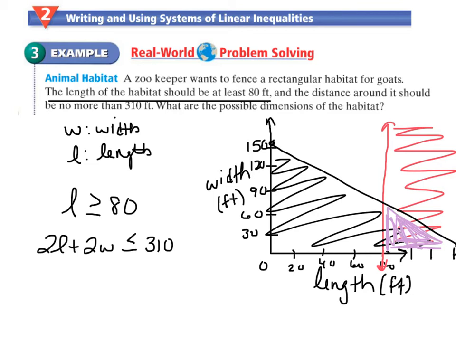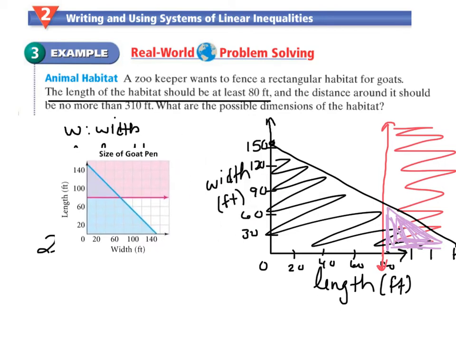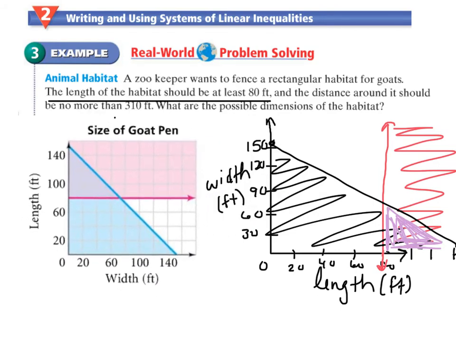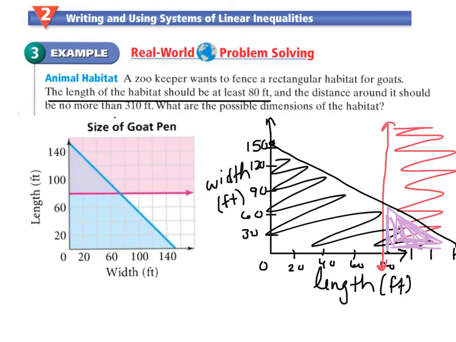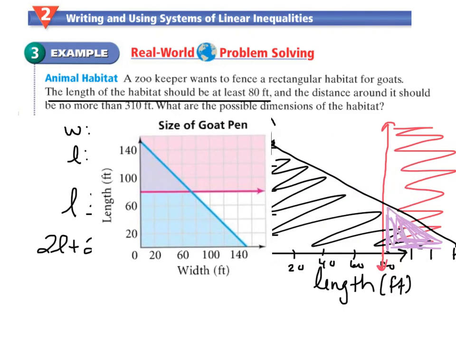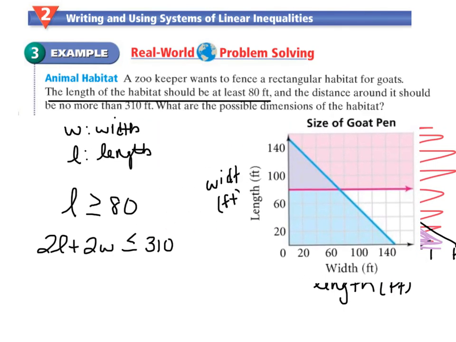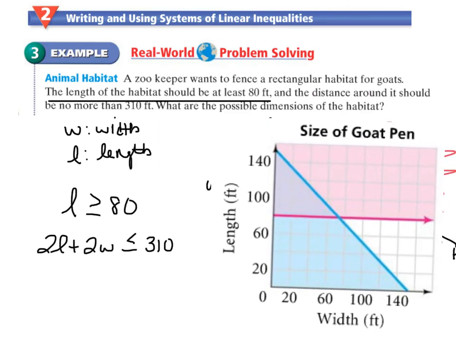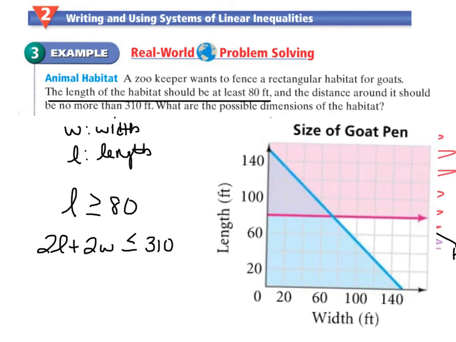Now I'm actually going to import something in here, which is a graph that's already done, which is a much better graph than I did. But I want to show you what I did, or what they did versus what I did. Notice that their length and width are switched. So their graph is like reversed. That's okay. So you can actually use this graph as well.